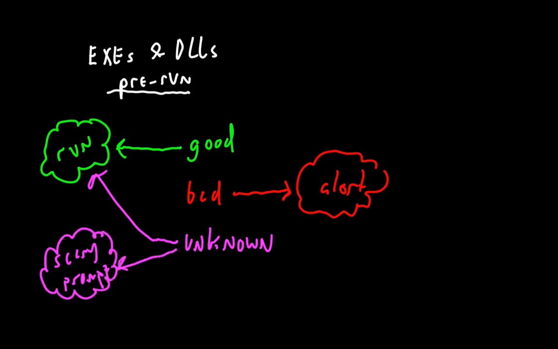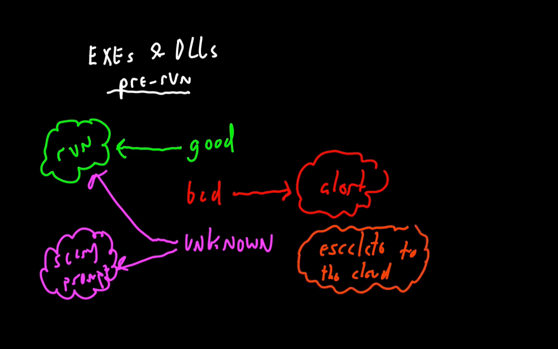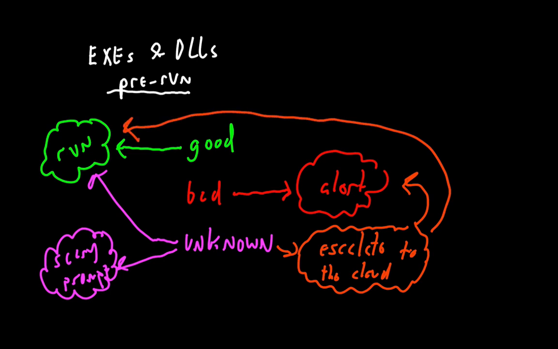But unknown is also an opportunity to escalate the detection response effort to the cloud and to pass the binary and meta information about it back to the vendor and to see if after the escalation a determination can be made that it's bad and we need to alert. A determination can be made that, yep, this is good and should be allowed to run. Or we end up in the same inconclusive place and the user gets a scary prompt.